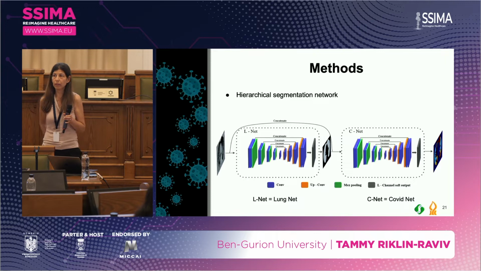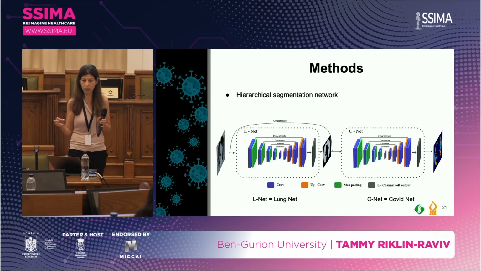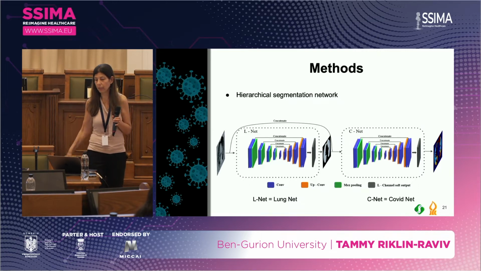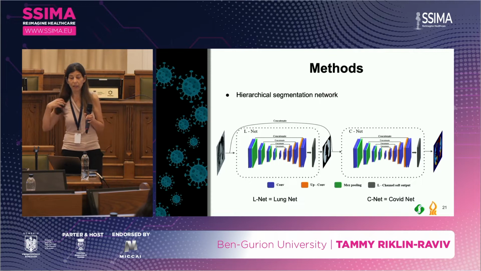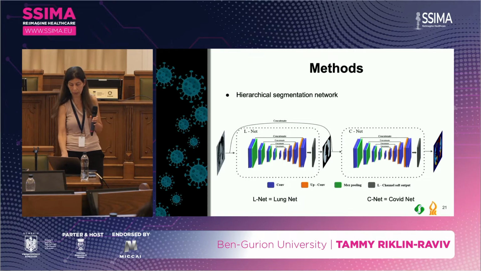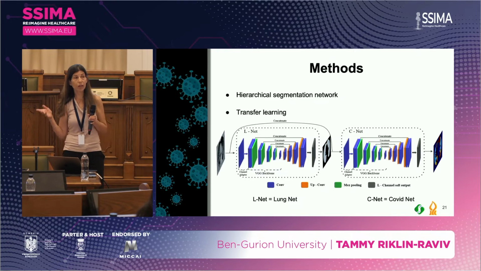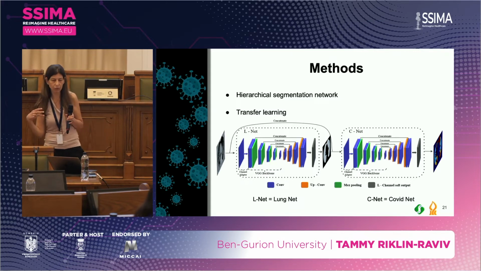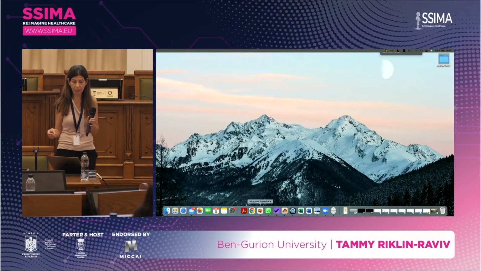So our method is very standard. We use all the tools we knew in order to get the best out of the data. We use a hierarchical segmentation network, and we find it very effective to accommodate problems where we have class imbalance. We use transfer learning, and we found it very effective in order to overcome the lack of training data.